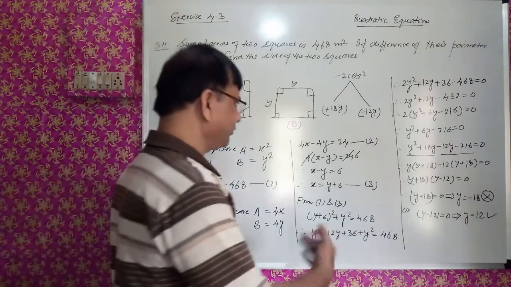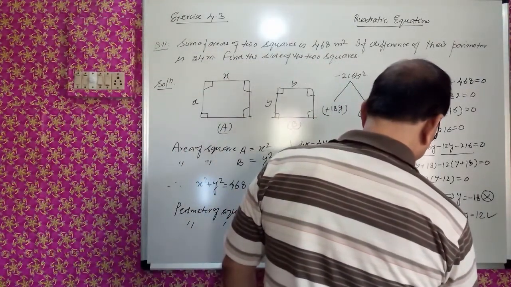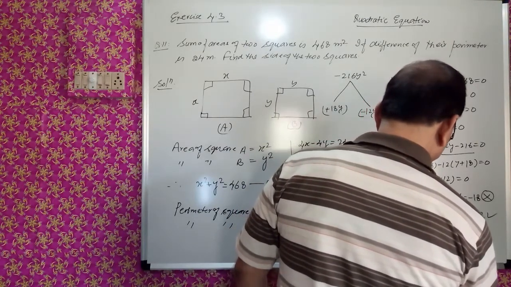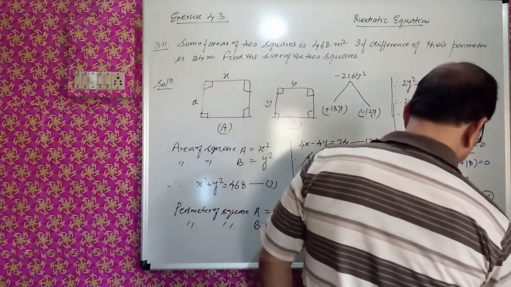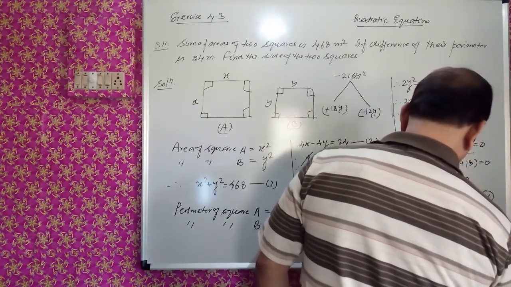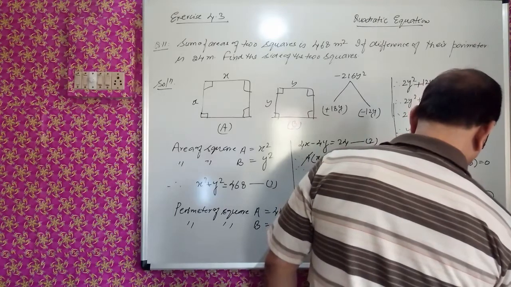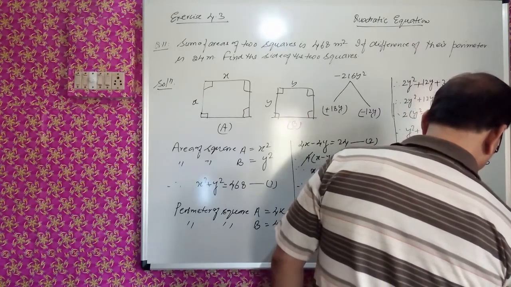If y is 12, then x is 12 plus 6, that is 18. Therefore the answer is: the sides are x equal to 18 and y equal to 12.